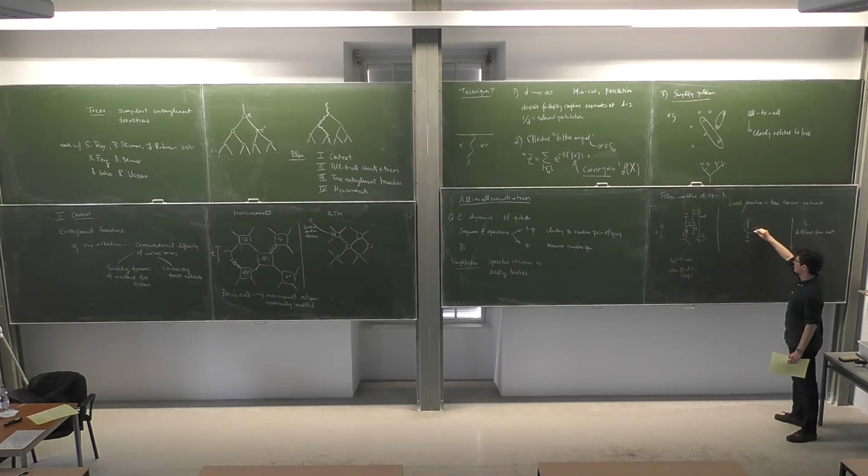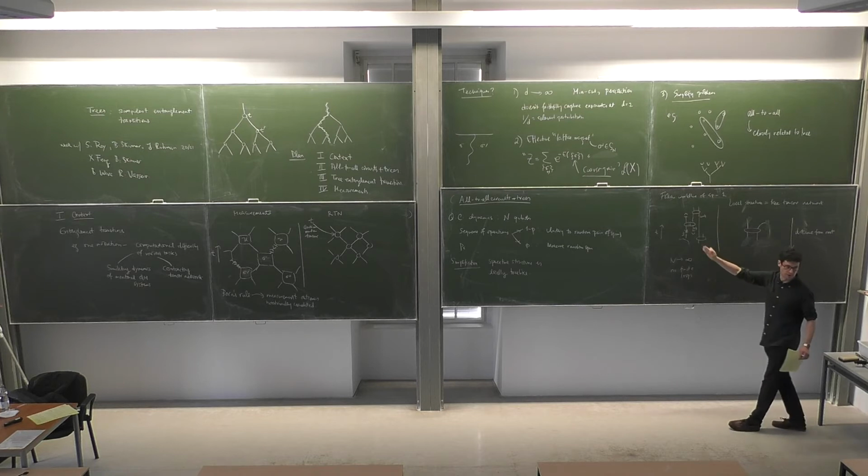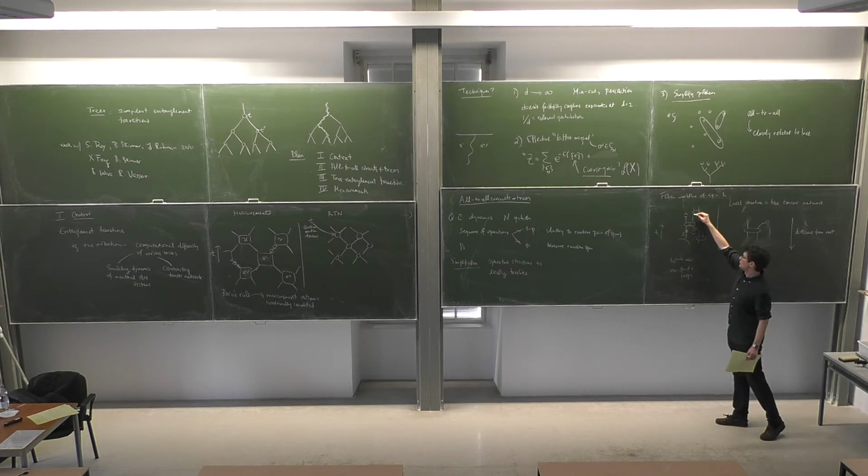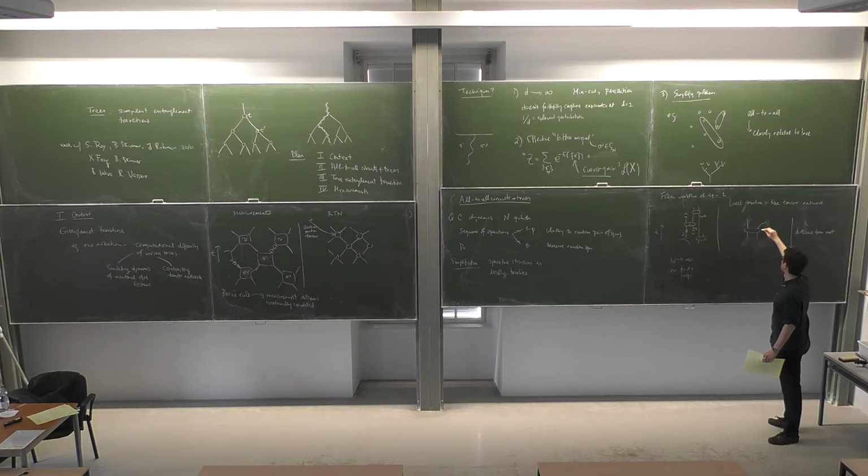So here's a unitary. This is connected to some other unitaries. And we choose to arrange things not according to the physical time coordinate, but in terms of the number of edges which are required to connect you to the starting point.